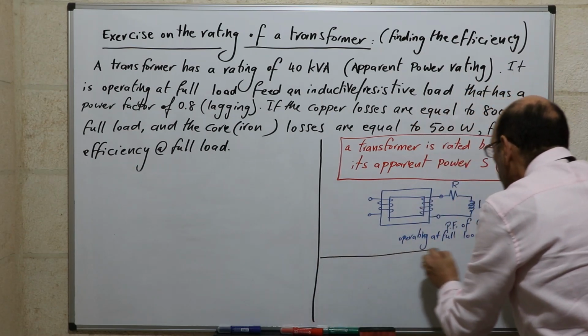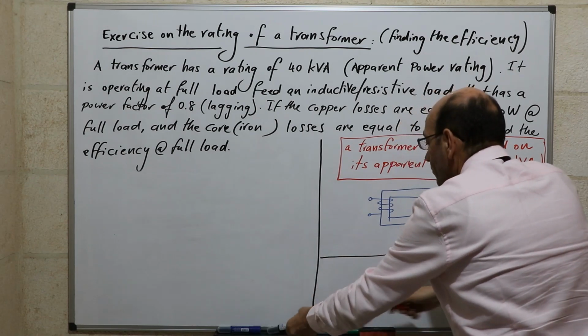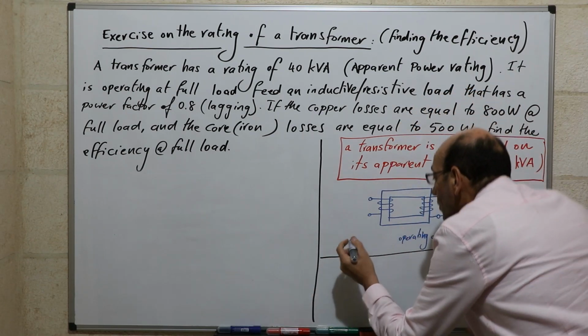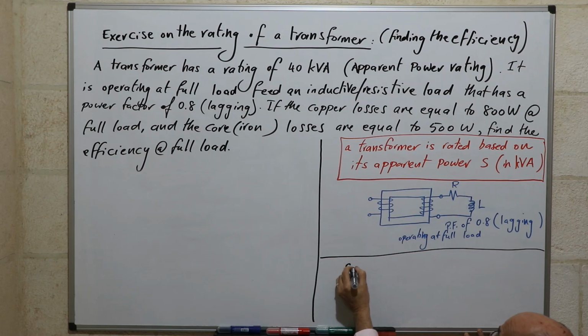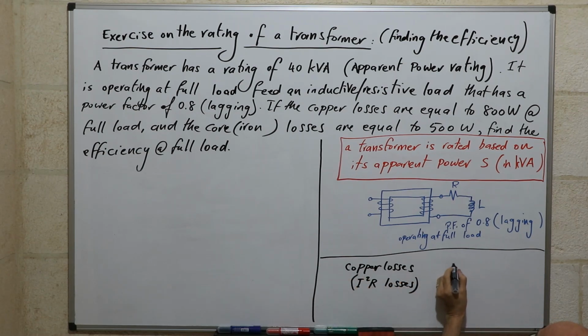So we have two types of losses. Copper losses, sometimes we refer to them as I squared R losses, and we have core losses, also known as iron losses.